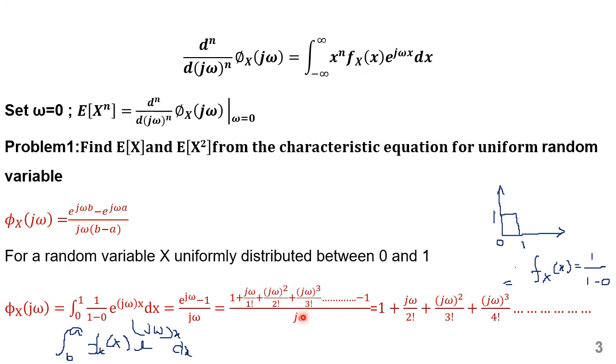In the denominator we have j omega. The 1 and the minus 1 cancel out, and j omega divided by j omega gives us 1. Then j omega whole squared divided by j omega gives j omega divided by factorial 2, and so on. You get plus j omega squared by 3 factorial plus j omega cubed by 4 factorial, and so on.